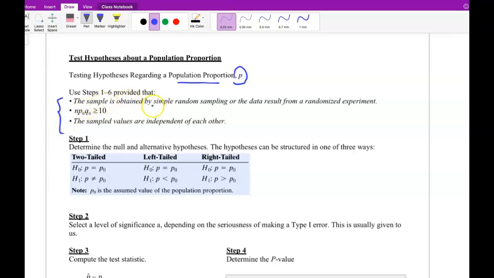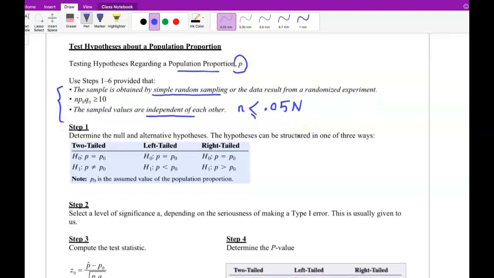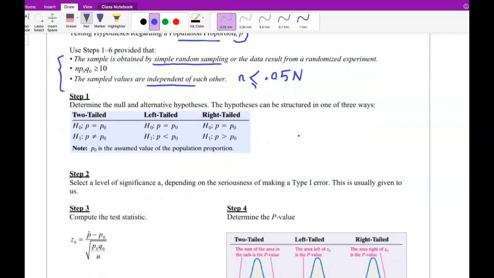So we should have a simple random sample, n times p times q greater than or equal to 10, and our sample values are independent of each other. What that means is n is less than or equal to 5% of the population size.